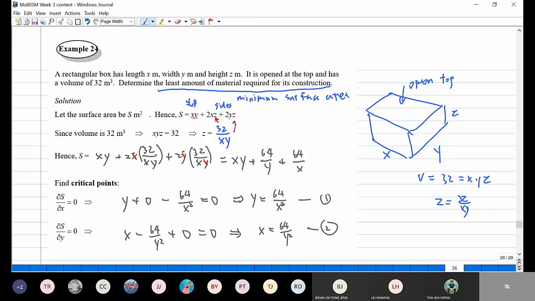So you can put the y from 1 and 2, up to you. Then you get x equal to 64 over y squared, and y is 64 over x squared.